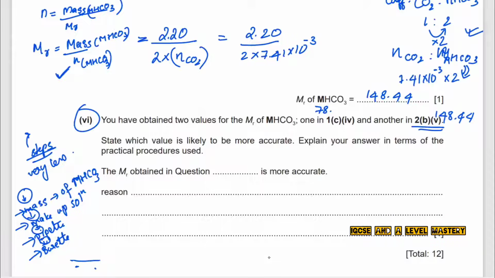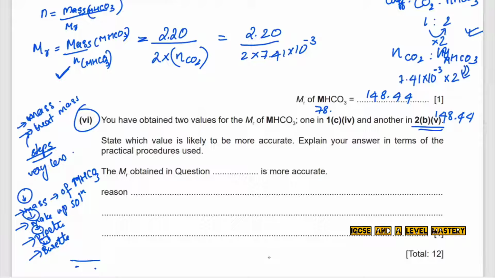While in this one, we only had to weigh the mass, then heat, and weigh the mass again. So basically, only two processes are involved, because of which the error in each step is not getting added up.